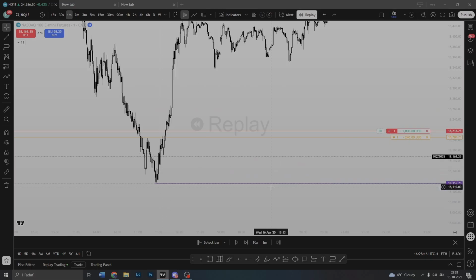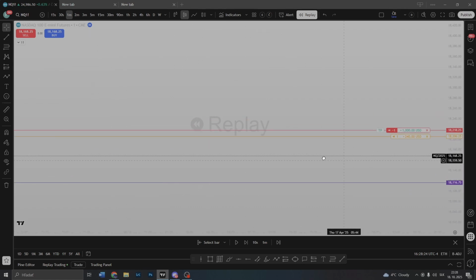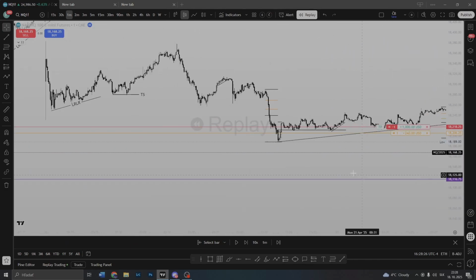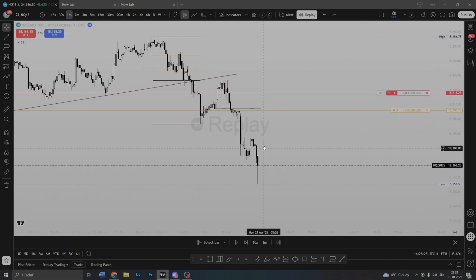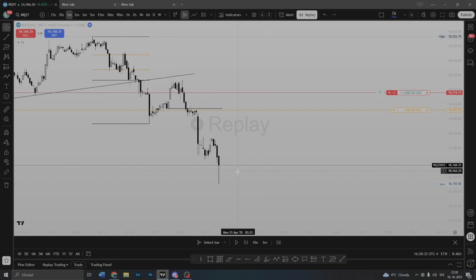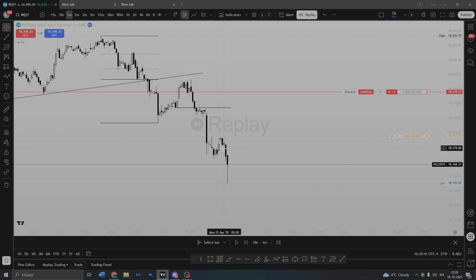We took some internals right now. This might as well be manipulation. Yeah, okay. Just from looking at this, I don't like the wick on it. I will put my stop loss to this candle high, even though I think that will be stopped in a few candles right here.